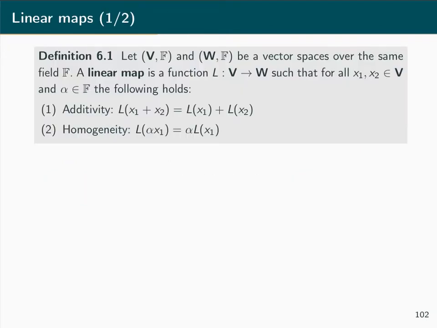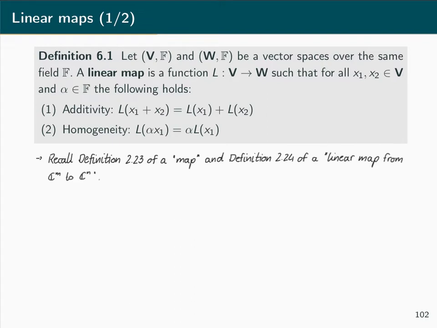Recall that in definition 223, we have already defined that by a map we mean a function between two vector spaces, and in definition 224 we have already defined a linear map for the complex vector spaces Cm and Cn.